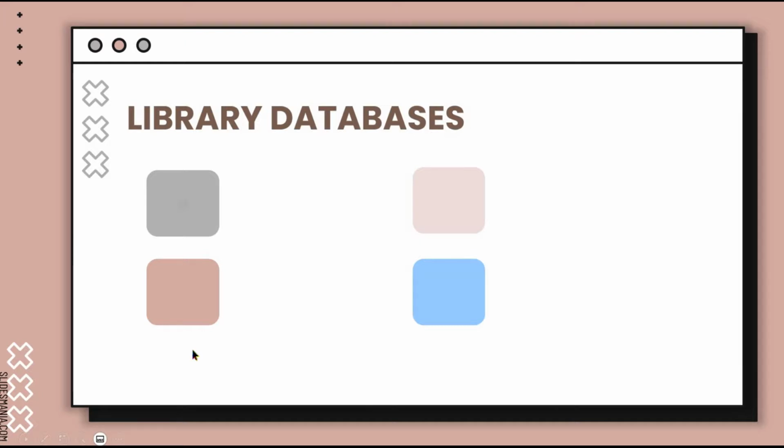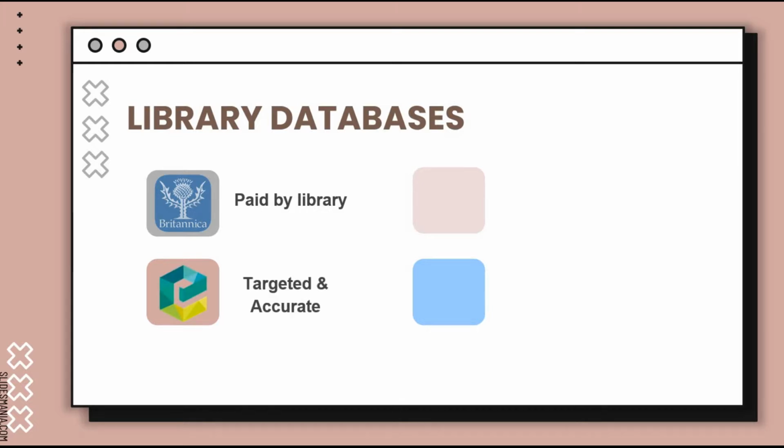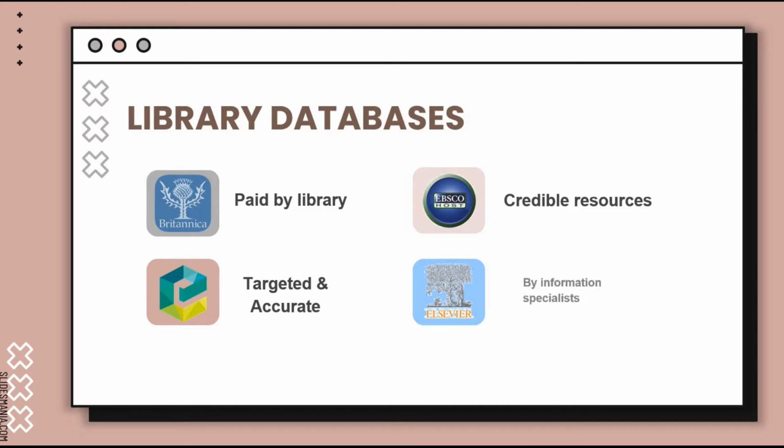Library databases cost money and your institution paid for them for you, because they contain targeted and accurate information that comes from credible resources. Most of this research cannot be accessed by a search engine like Google or Yahoo. Library databases are developed by information specialists, so they meet your needs.